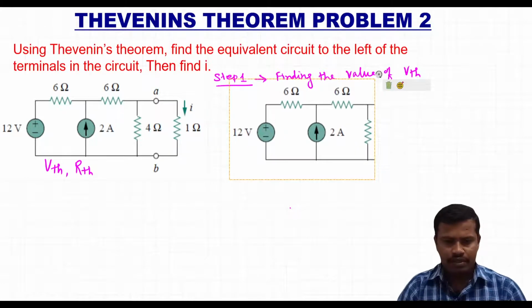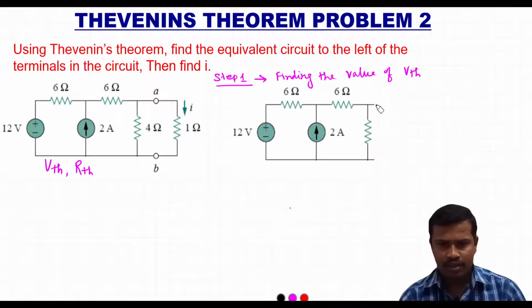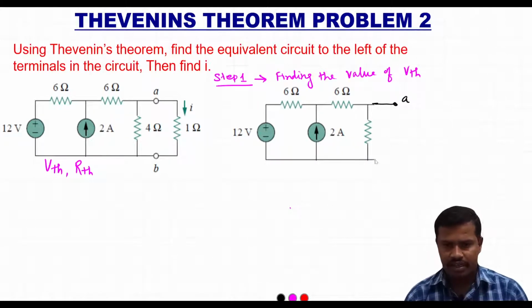In this circuit we will extend these terminals, then mark the terminals A and B. Now we need to find out the voltage across these terminals A and B. This is equal to VTH.